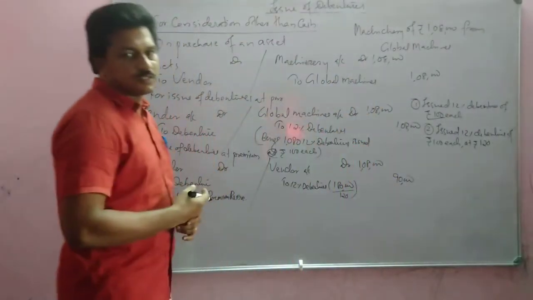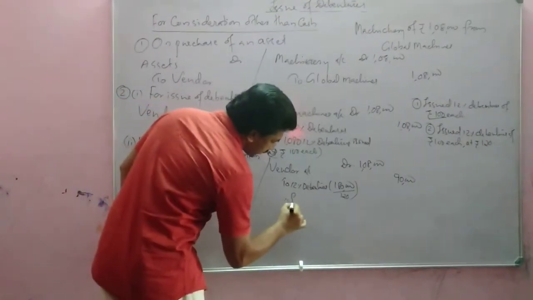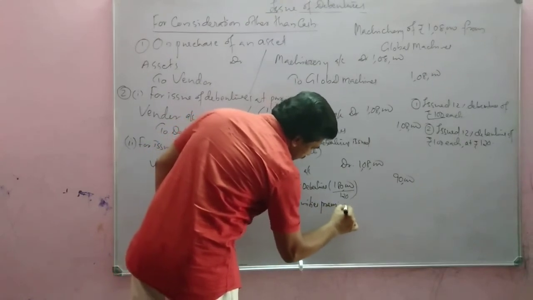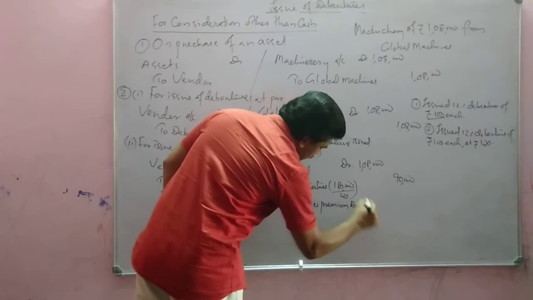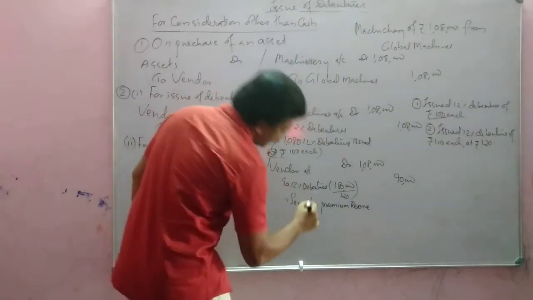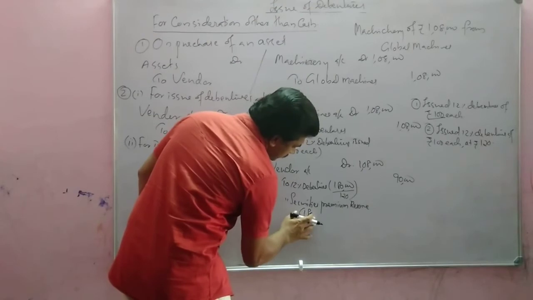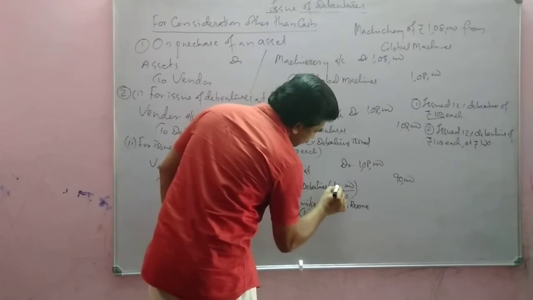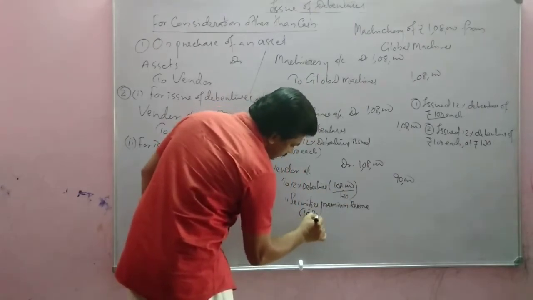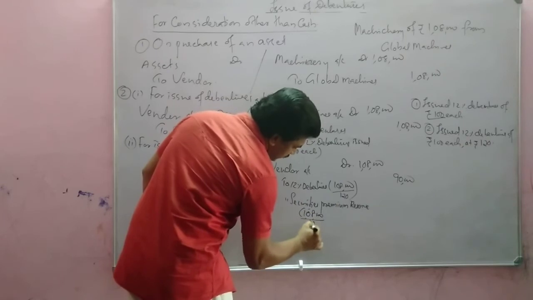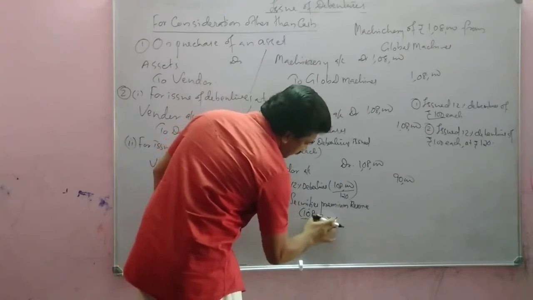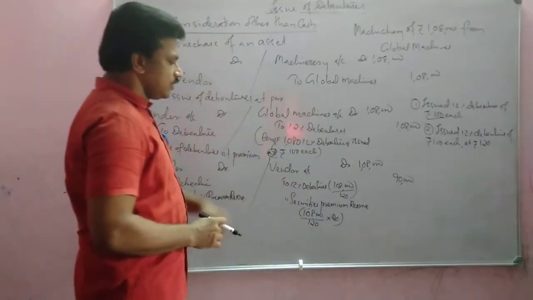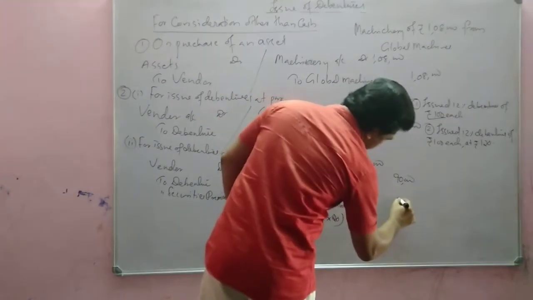Then to securities premium reserve, how much it will be? Sorry, 1,08,000 divided by 120. Premium is 20 rupees. So it will be 18,000.